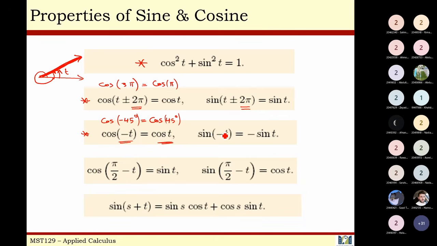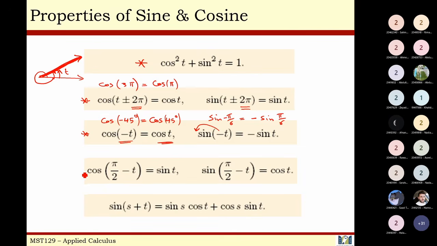But for sine, we can put the negative outside. Example, sine of negative pi over 6 equals minus sine of pi over 6. So in sine, we can put the negative outside the sine or in the angle, but in cosine, we can remove it.